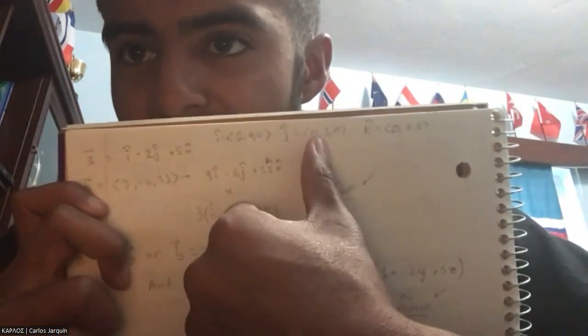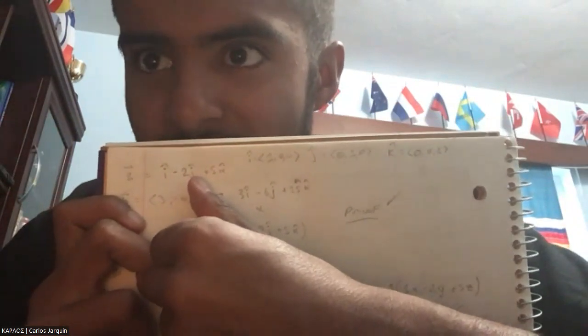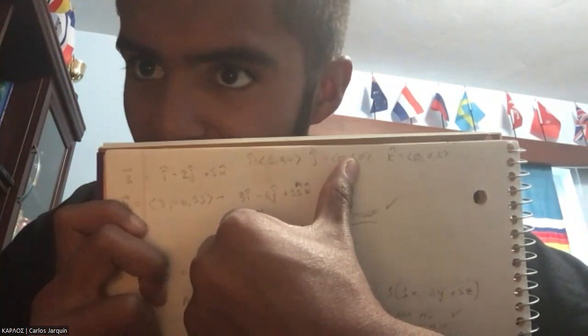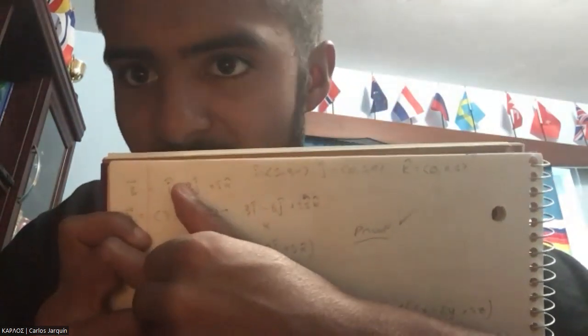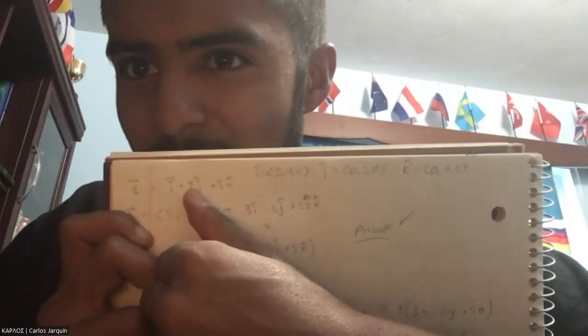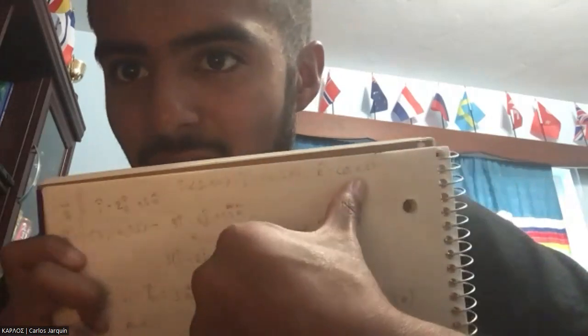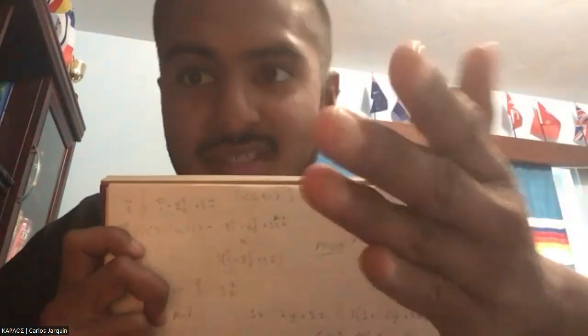For the j, the coefficient is -2. So this means 2 steps in my y direction. If it were positive, we'd go up, but it's a negative, sorry, so that means we're going 2 steps down. And for the 5k, the k is the z-axis, so diagonal, or if you wanted to view the z-axis, it's like penetrating the screen.